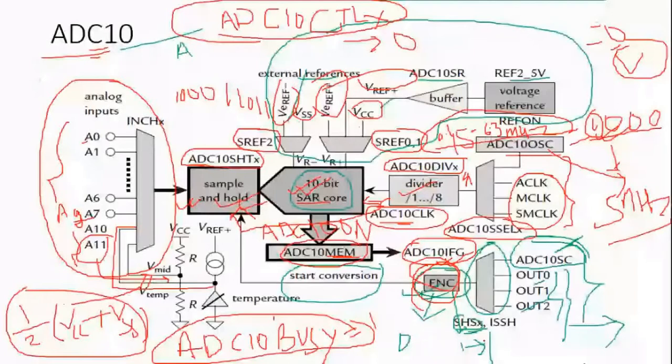When you want to convert, you just provide any one clock with the help of the SSELx bit. I think you can get the idea how the conversion will happen.